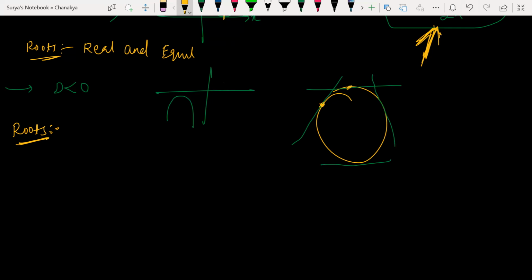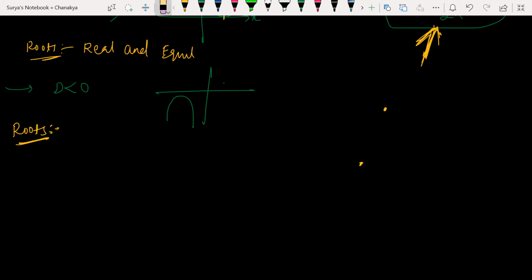This line is also touching at a single point. ऐसा होने वाले को Tangent बोलता है. Tangent of that particular curve or circle. Touching that line at a single point on that particular curve is called a tangent. Tangent, normal, everything you'll be learning in your higher standard. Don't worry. So now we'll talk about this graph.